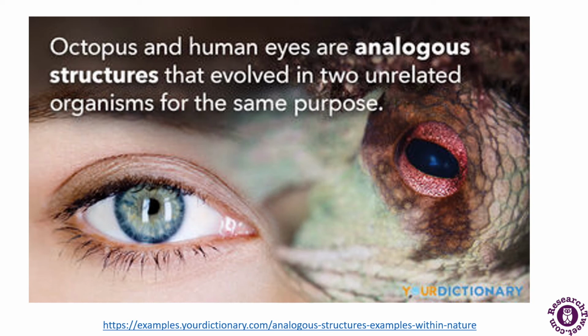I have taken the examples here. Here are a few more examples. For example, fish fins and penguin flippers. Fish and penguins are both vertebrates that use fins to swim in deep water. But penguins come from a flying ancestor.